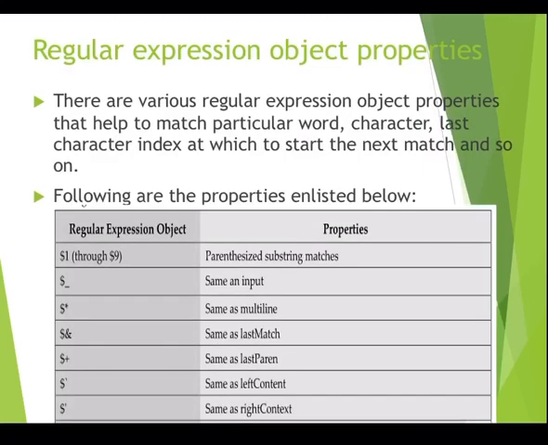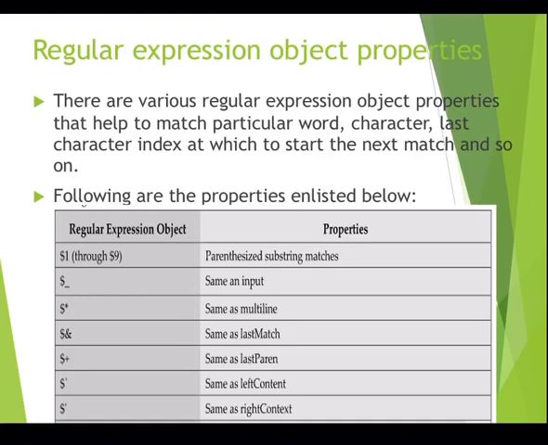So your regular expression has object properties. These are various regular expression object properties that help to match a particular word, character, last character index, at which to start, from where to start the next match and so on. Okay. So following are the properties. First is $1 through $9, parenthesis substring matches.